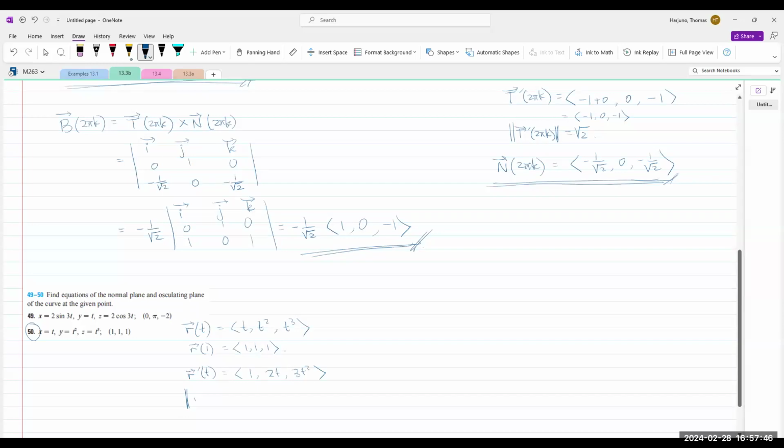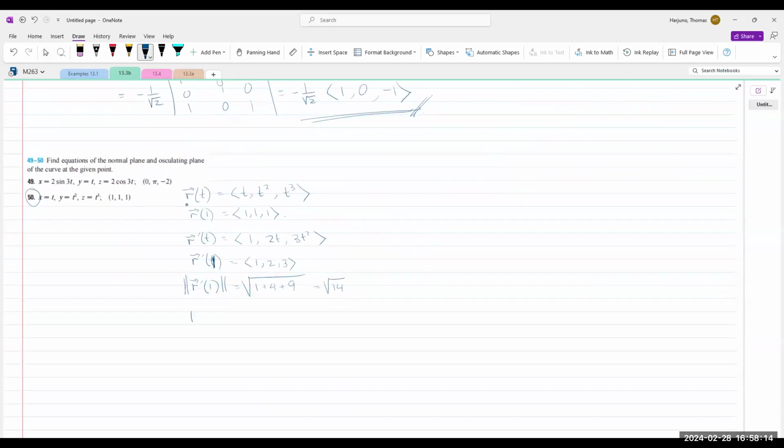The magnitude, no, before that, let me plug in 1 first. So r prime 1 equals 1, 2, 3, whose length is square root of 1 squared plus 2 squared plus 3 squared, that's square root of 14.